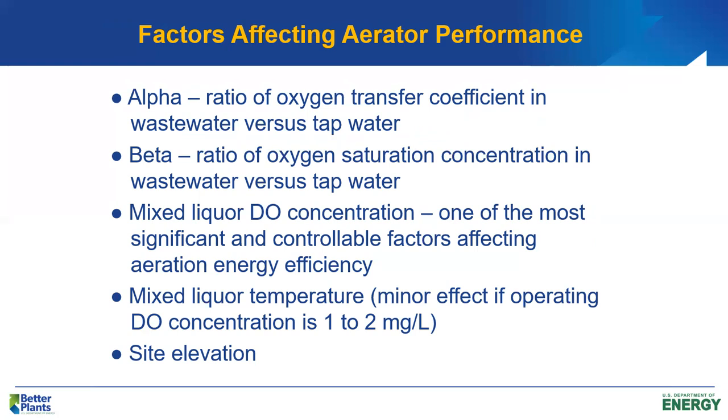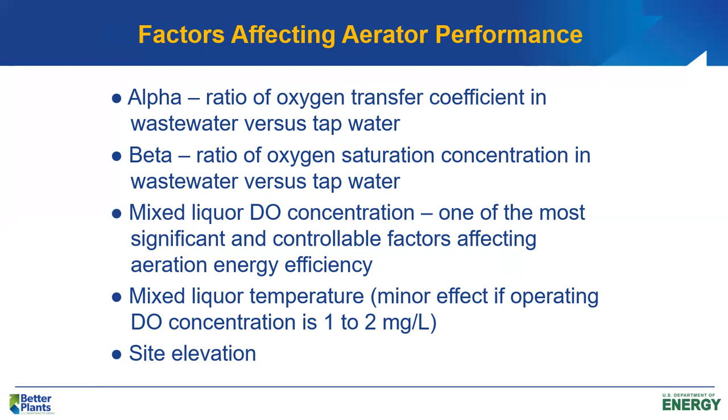We have to know these values. Typically, alpha is in the range of 0.8 to 0.9, and beta is typically in the range of 0.9 to 0.94 for municipal wastewater. And we have little or no control over alpha and beta in our wastewater.